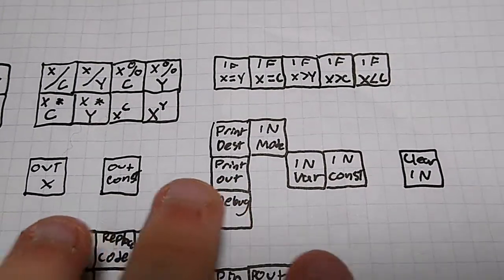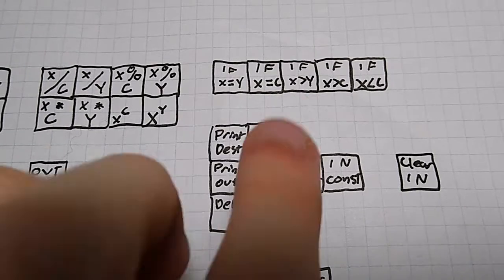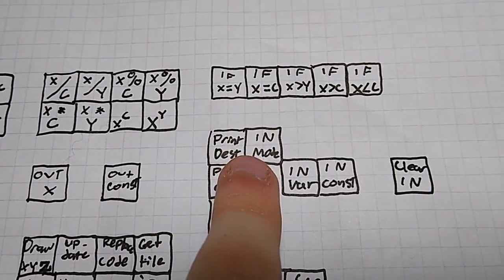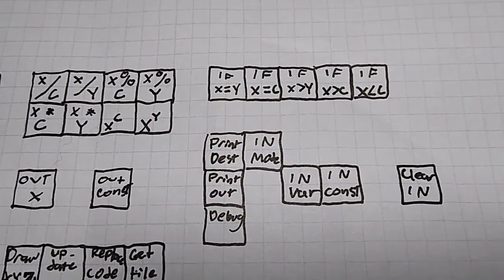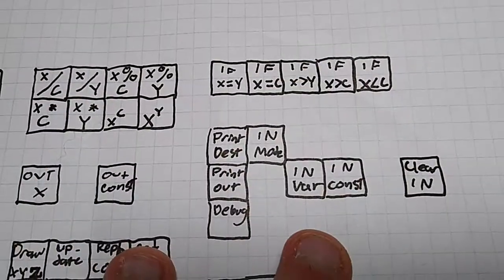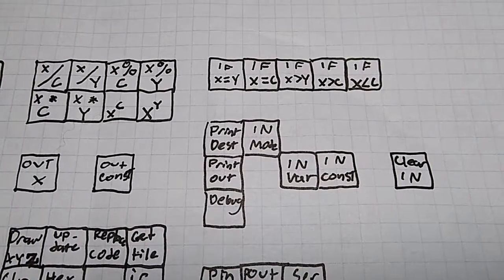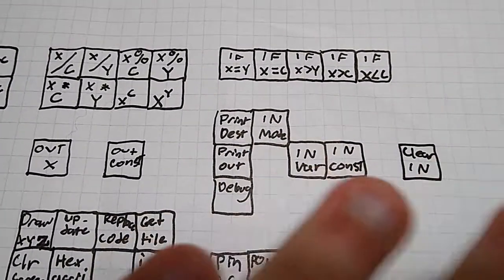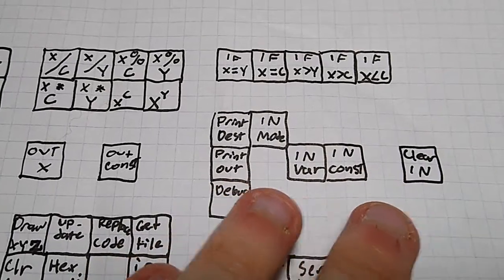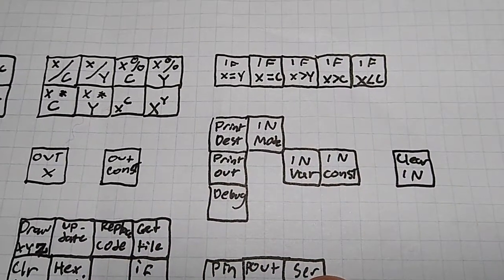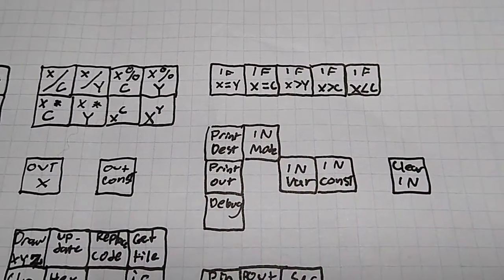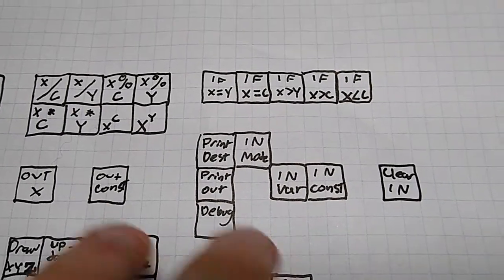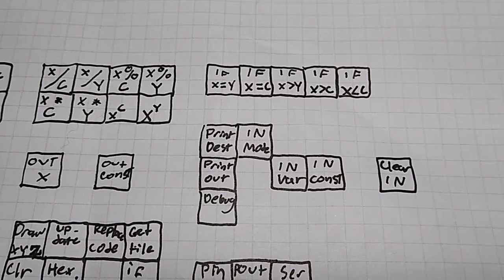So I have some pre-made settings in here, and that's why there's in mode, clear in, print out, all that stuff. That is really intended for when you just don't want to mess with the parallel bus and just want things to work. But if you really do want to mess with it, there are some more complicated operators here.